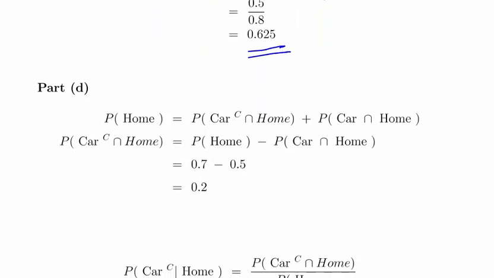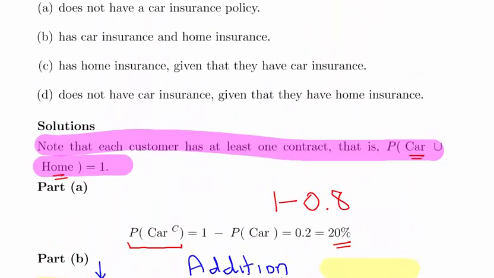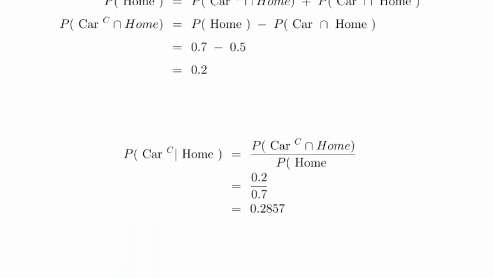Finally, this is not a long question, but it needs a little extra thinking. We're asked for the probability that they do not have car insurance given that they have home insurance. In the first instance, this is the formula we would use, and my brackets are all over the shop here, I apologize for that.